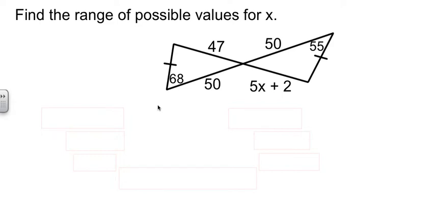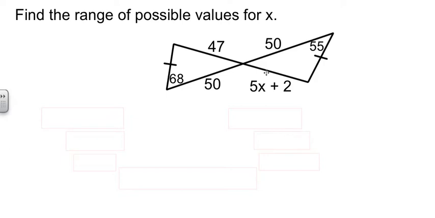Okay. They're also going to throw at us to find the range of possible values that x could have. Okay. We know the two outermost sides are congruent because we're told so. And we're told that these two are both 50.